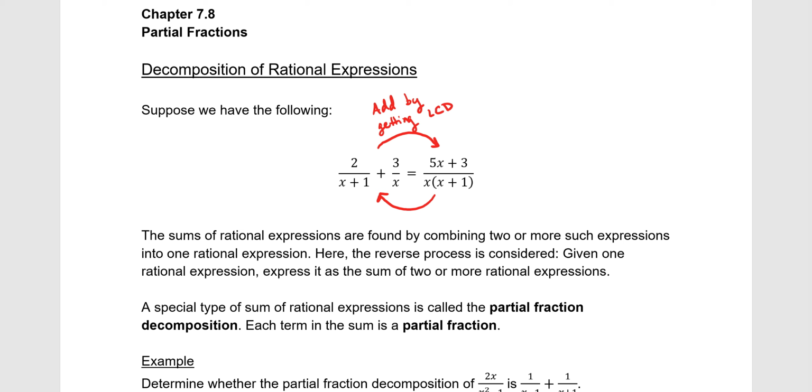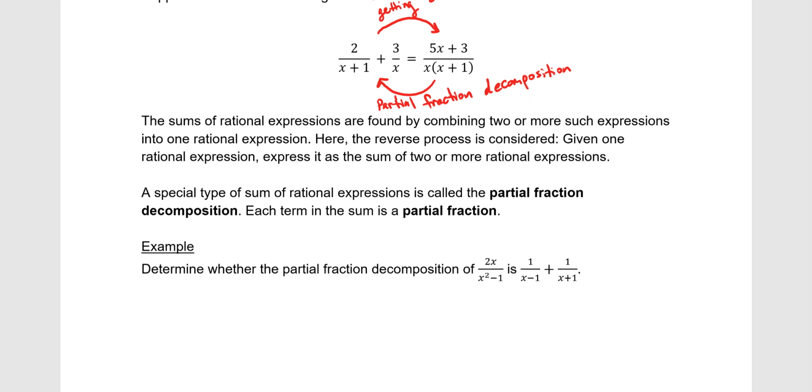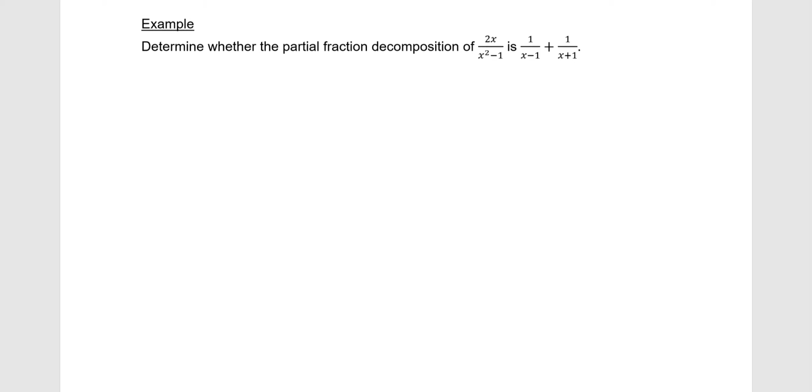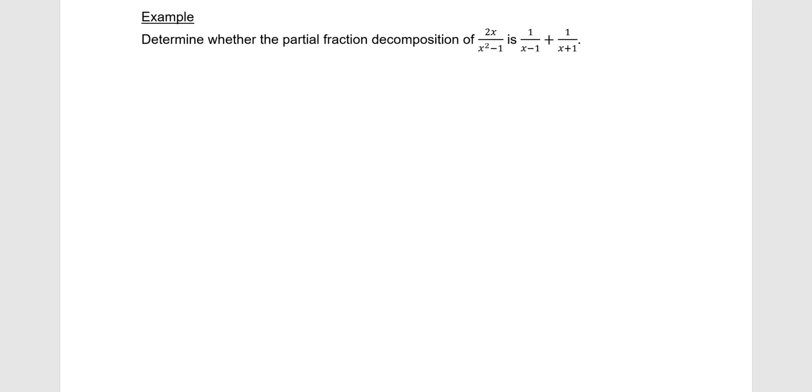What this is called is a partial fraction decomposition, and each term in the sum is called the partial fraction. So 2 over x plus 1 would be one of the partial fractions, and 3 over x would be the other partial fraction.